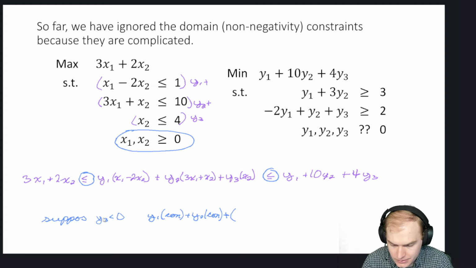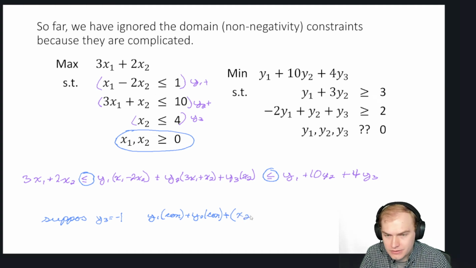In fact, let's make this more specific. Let's make this equal to -1. Then we have, correction, negative x2 is greater than or equal to -4.